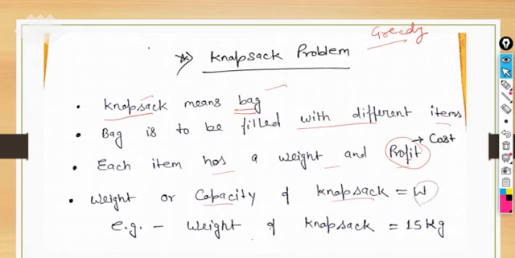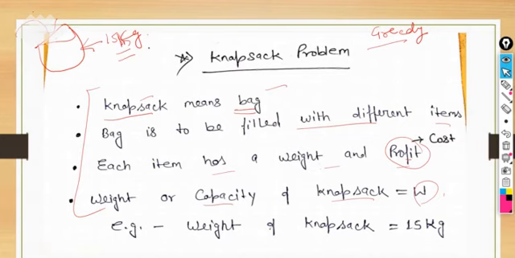Let's take an example to understand this concept. We are taking a bag, and in this bag we have to put some items. There is a capacity of this bag. Let's assume it is 15 kg, so it can hold 15 kg of items. How can you decide which item should go in this bag and which should not?